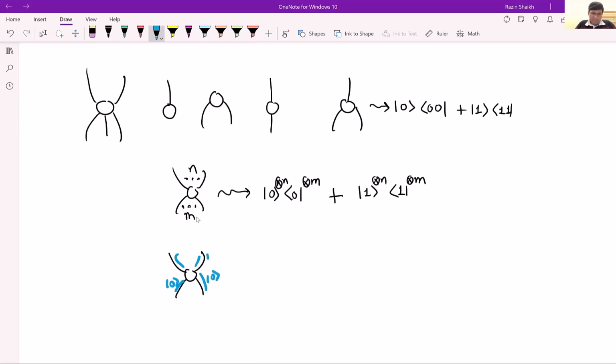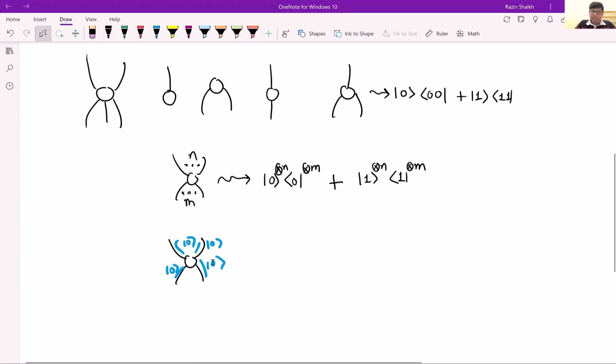Or if I knew that it was ket 1, then everything must be ket 1. So one way to understand a spider is that it simply matches your classical basis states, your 0 or 1.